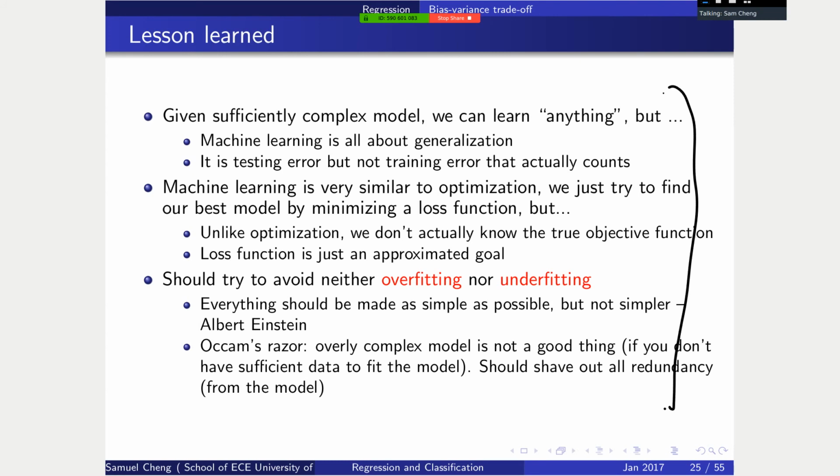Nowadays, they talk a little bit less about variance versus bias, because most of the time you just try to get as much data as possible, and then just impose sufficient regularization. And it doesn't matter if your model is very complex.